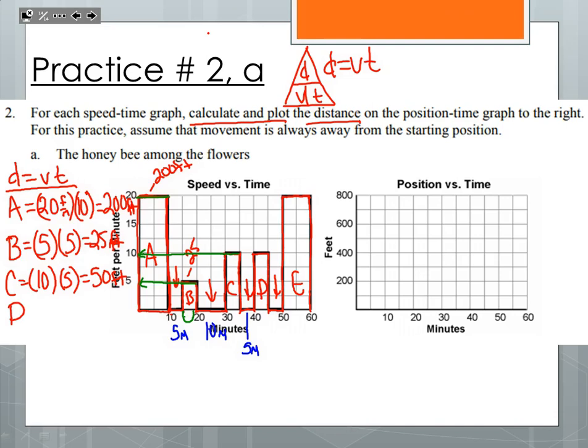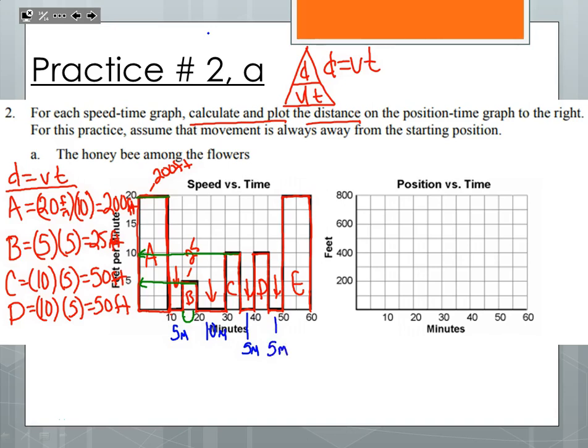Then after being there for 5 minutes, he starts back up. So now we've got distance D that he traveled. And it's the same as the last speed, which was 10, for a time of 5 minutes. So he traveled another 50 feet. Then he stayed there for 5 more minutes.